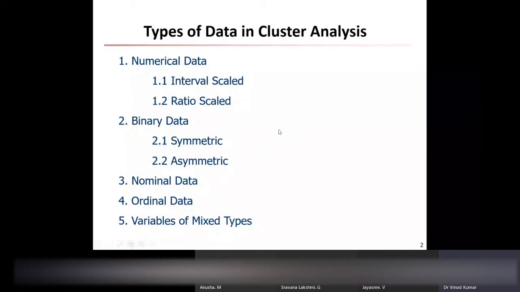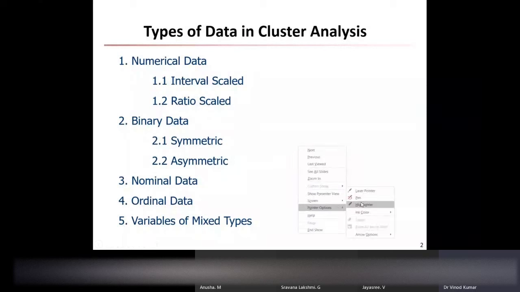After that we have binary data, which is further classified into symmetric and asymmetric binary data. Binary data means data having the value 0 or 1, or in terms of yes or no. Next we have nominal data, ordinal data, and variables of mixed data types. So we have these six varieties of data.